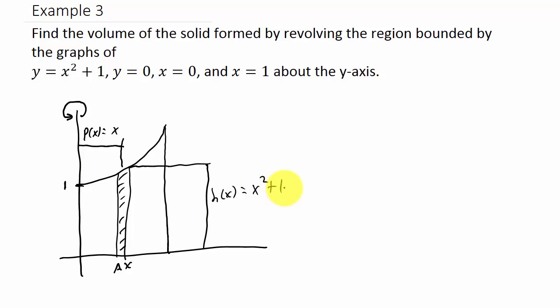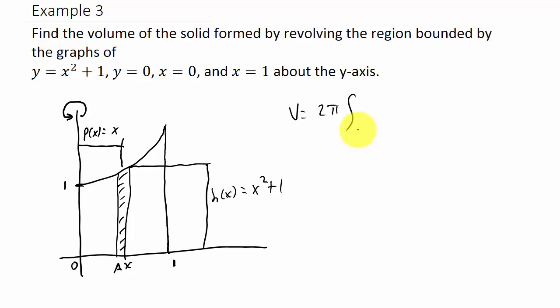Okay, and so now we're ready to set up our integral. So the volume is 2 pi, and we're going from 0 to 1. This is the line x equals 1 here.